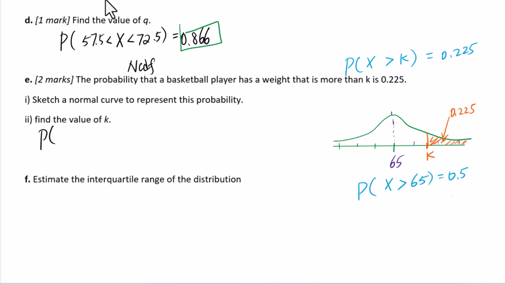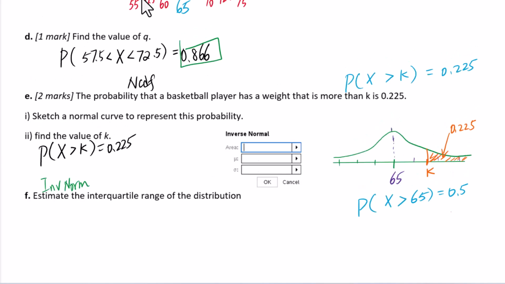Find the value of K. We are given probability of X greater than K equals 0.225. We have to use inverse normal to work out this K. For the area, probability of X less than K, which means 1 minus 0.225, which is 0.775.